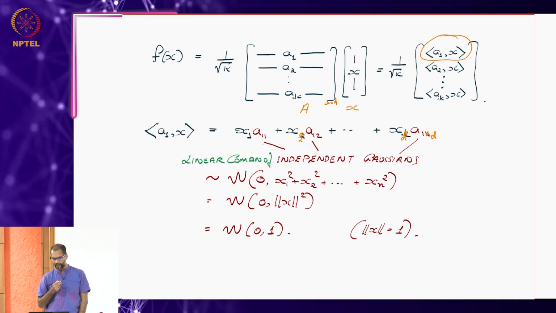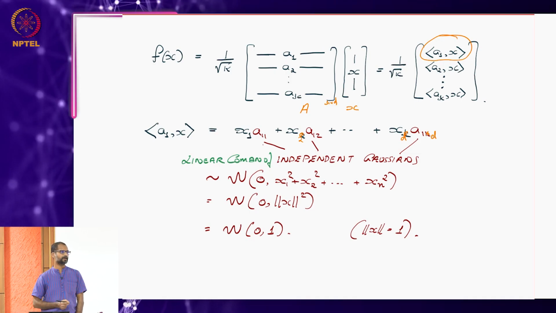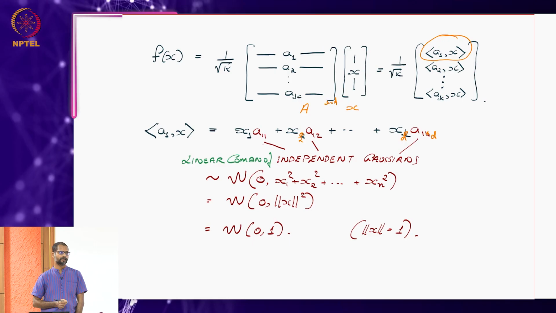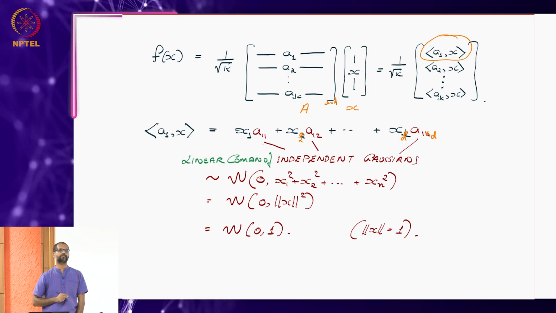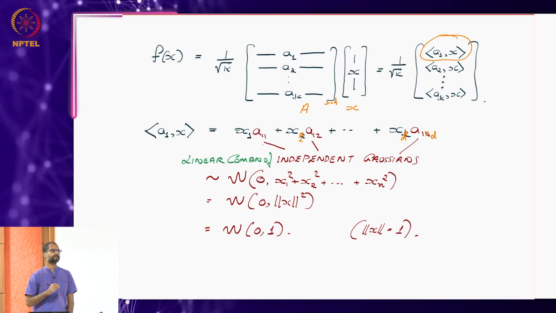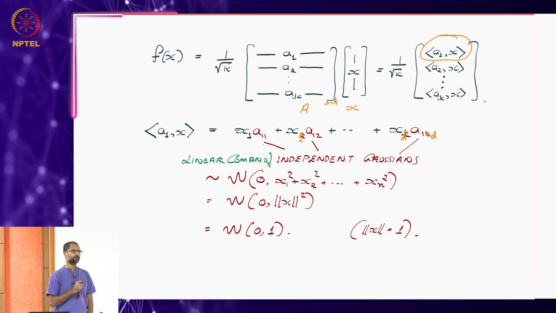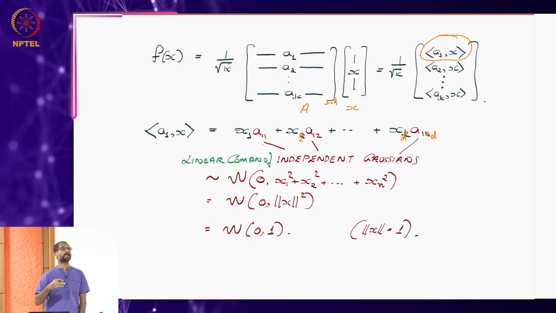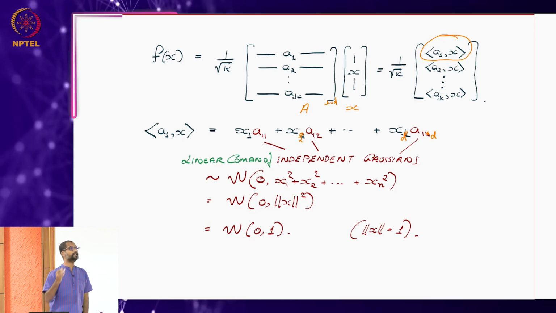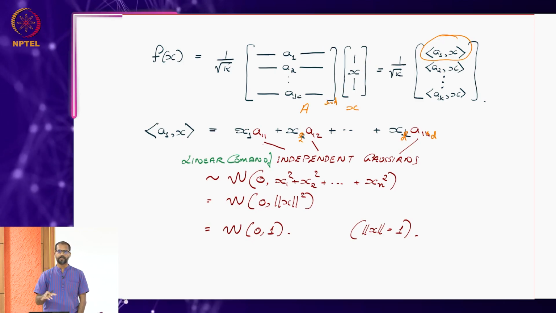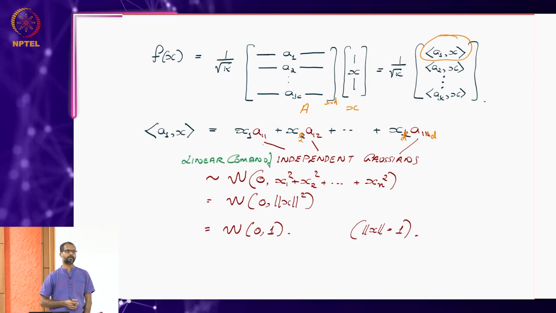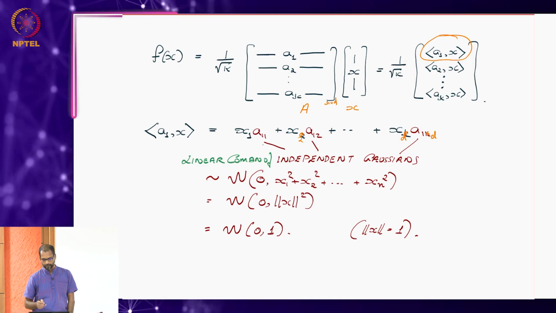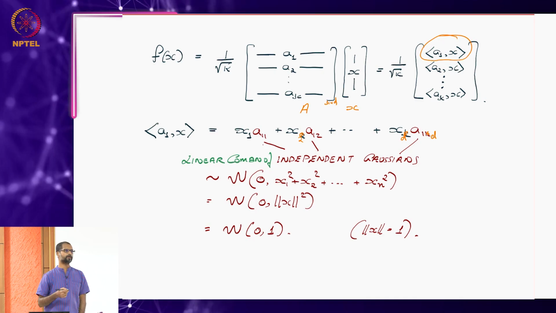Whereas, what are a11, a12, etc.? Yes, they are entries from this matrix. And how did we create this matrix? Each entry was a standard Gaussian. So, a11 is a standard Gaussian, a12 is another standard Gaussian, in fact independent of a11, because all the entries in this matrix were independent Gaussians. Similarly, a1d is also an independent Gaussian.